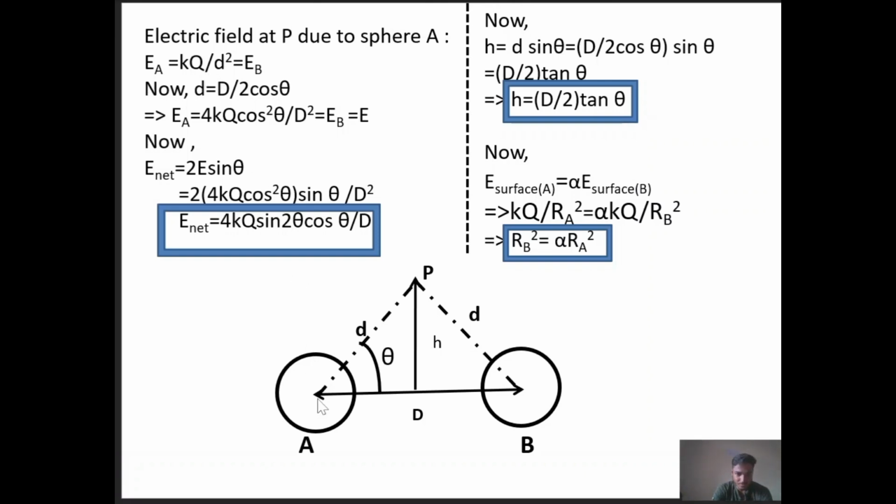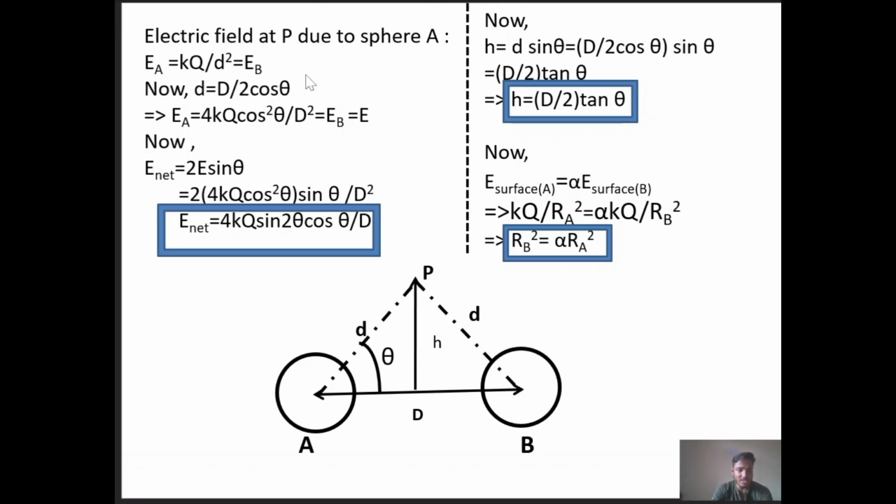Now if we consider this right angle triangle, then we can write small d as D by 2 cos theta, as this distance here is D by 2 and this angle is theta. So small d equals capital D divided by 2 cos theta.